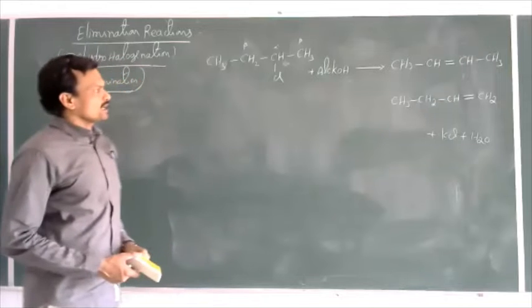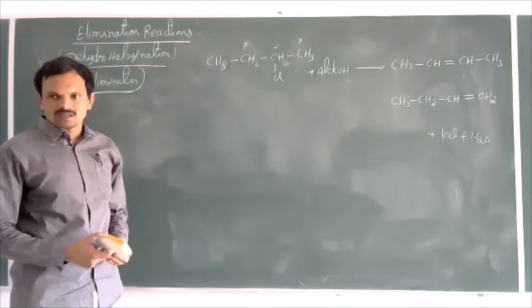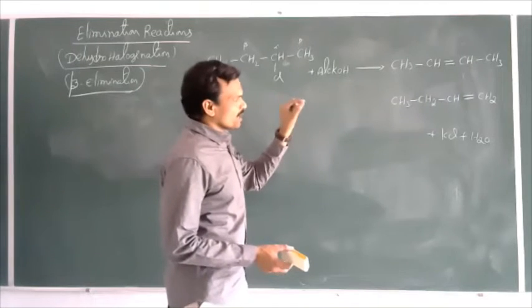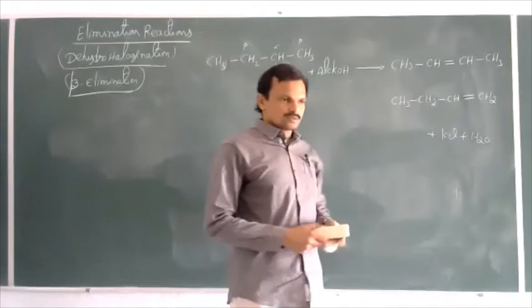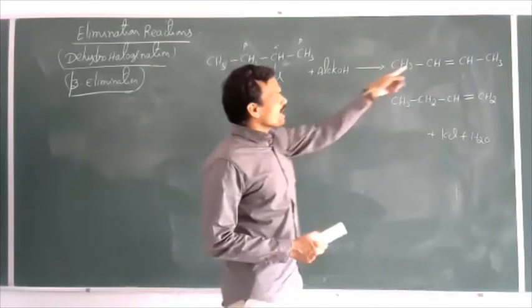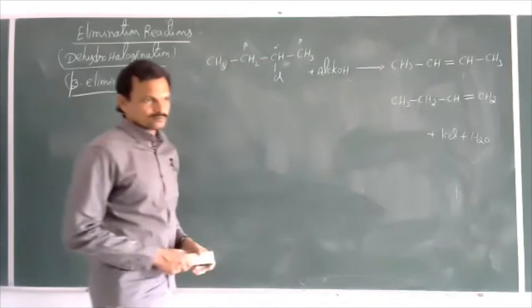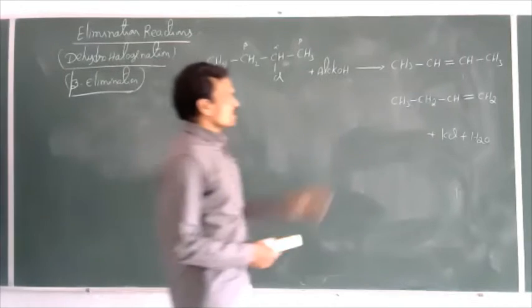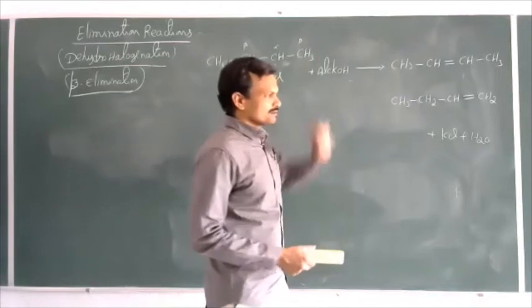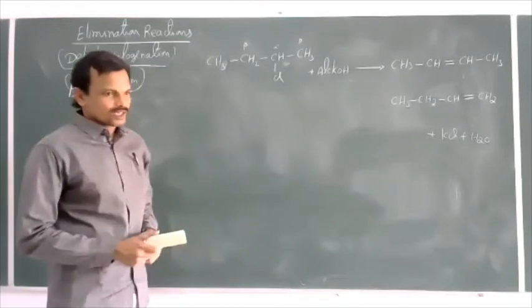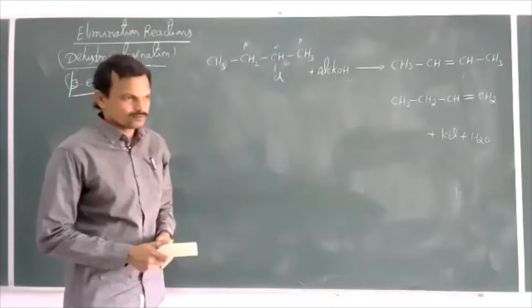See, generally during a reaction, if two or more products are formed, the more stable compound is formed as the major product. Now, among these two, whichever is more stable will be the major product. Then how to predict which alkene is more stable? As you have studied in the first few chapters, the stability of alkenes depends on hyperconjugation.